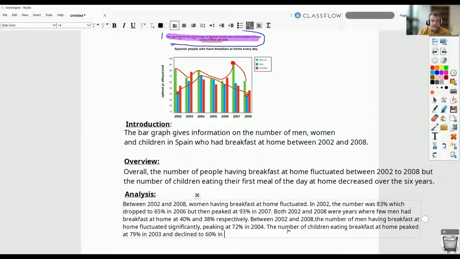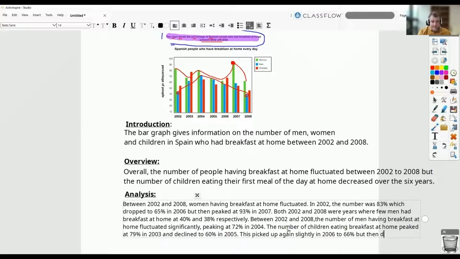60% in 2005. This picked up again slightly in 2006 to 65, 66%.